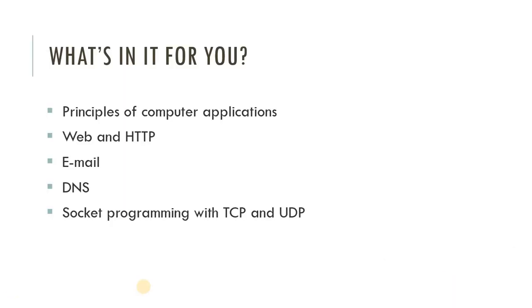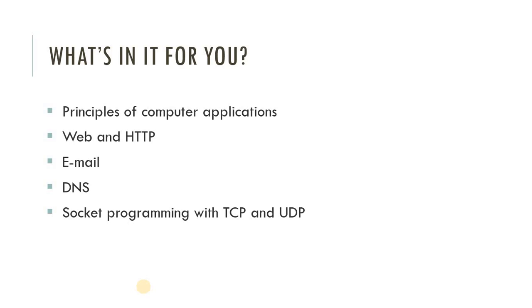The concepts we'll learn in this chapter are, first, principles of computer applications. In this we'll learn what is a process, what is a socket, what are the applications of the application layer, and also client-server architecture and peer-to-peer architecture. Next we'll learn about the web and HTTP.